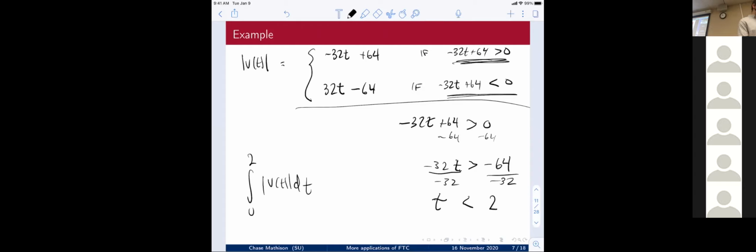Okay, so I'm going to come back up here and replace this. If t is less than 2. And if you go through and solve the other inequality, everything's the same, just the inequality is facing a different way. So this one's if t is greater than 2.